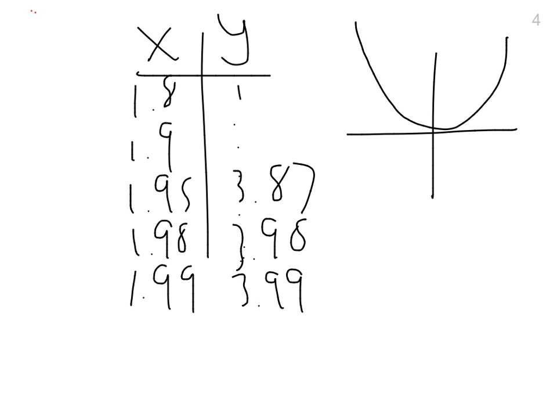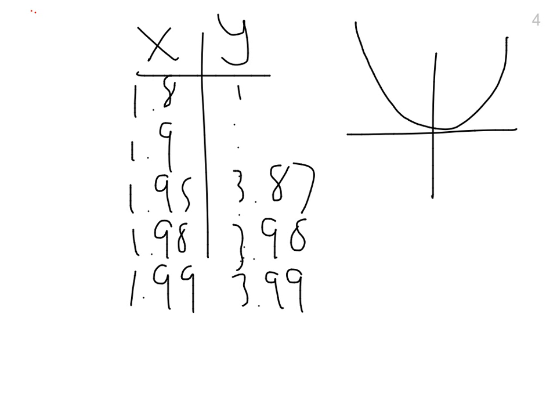If you squared them you could see, but you'll see that the y values are gradually approaching 4. And from the right side, if you were to decrease, say from 2.1 down to 2, you would see it's also approaching 4, and that would be a numerical solution.